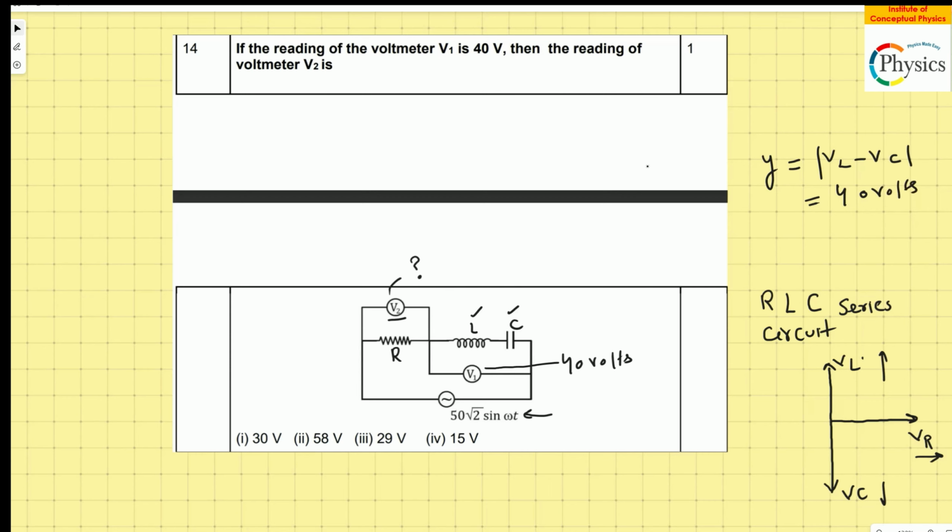So this is available to you as 40 volts, right? The x-axis voltage has also to be found out. If I complete the triangle, this is the resultant voltage.